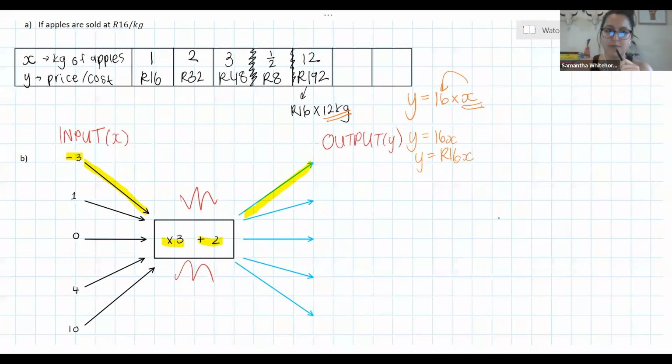Okay, can you explain how you got -7? I said -3 times 3. Which is? -9. Good. Plus 2, it means -7. Excellent, well done. So guys, we perform the operations and we get our output. Well done. Right, let's go to another one.